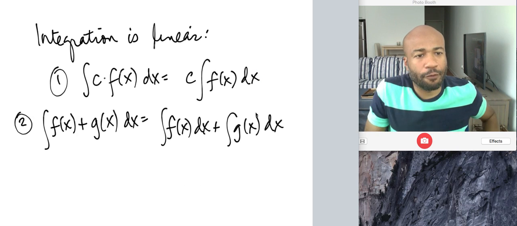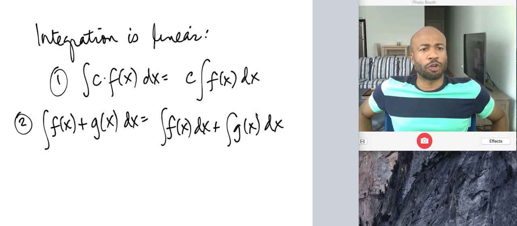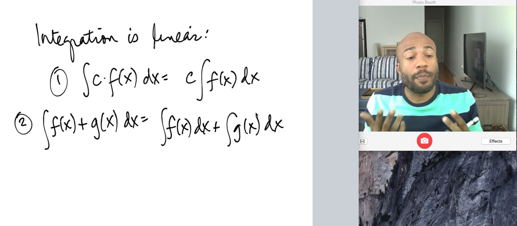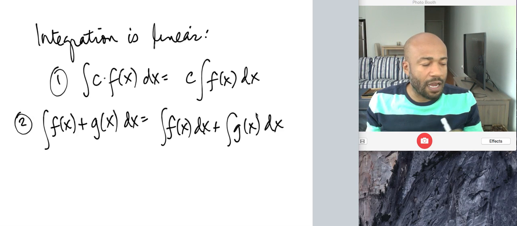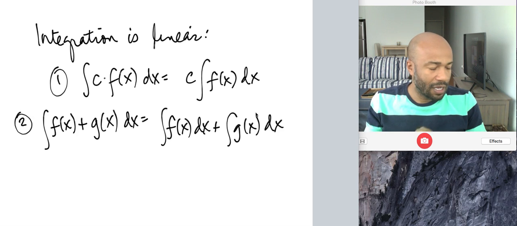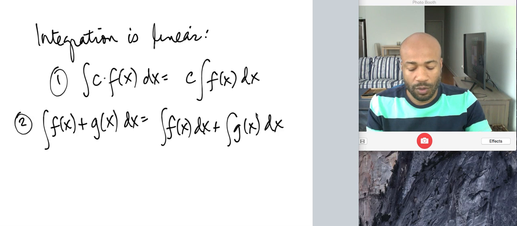So just like differentiation, integration is what we call linear. And the two properties that make it linear: if you take a function and multiply it by some number, any number, that gives you c times f of x, the integral of c times f of x dx.